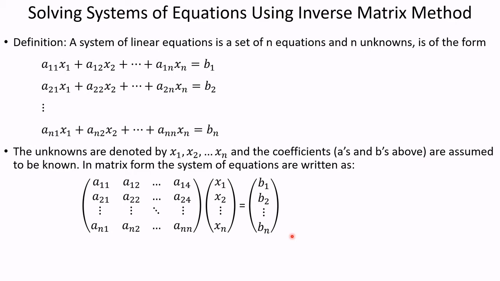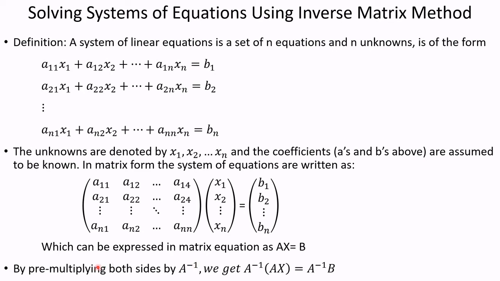The three matrices above can be expressed as AX equals B, where A is the coefficient matrix and X is the matrix of unknowns.